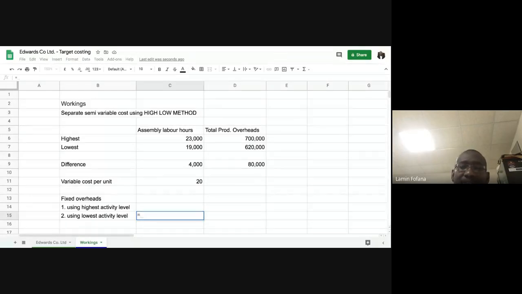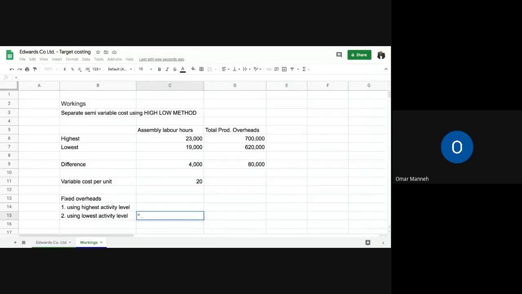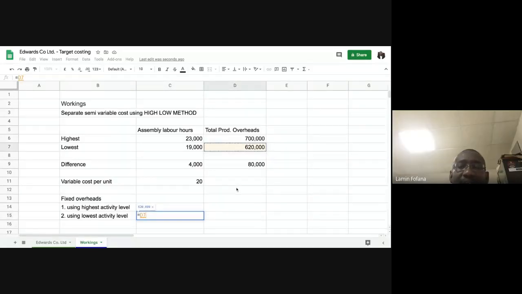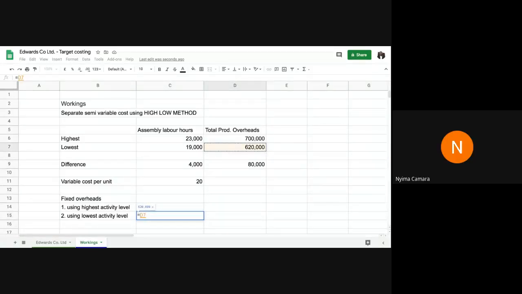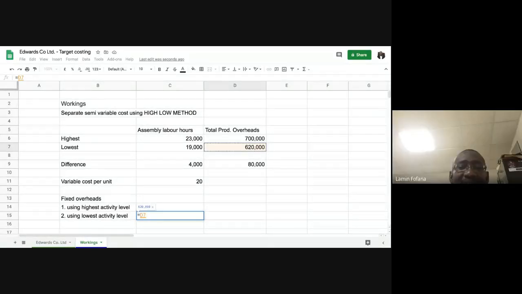It's equals. I click on the 620 because it's already on here. Yes. 620. Yes. Bracket open. 620 bracket open.